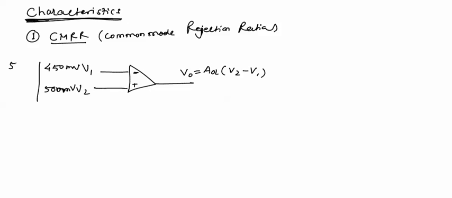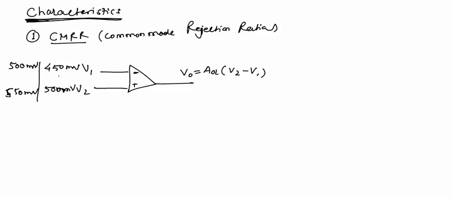Now if we change the inputs to 500 millivolt and 550 millivolt, again the difference is 50 millivolt, so in this case also the output should be equal to the output value in the previous case, but practically the two values of output are different.